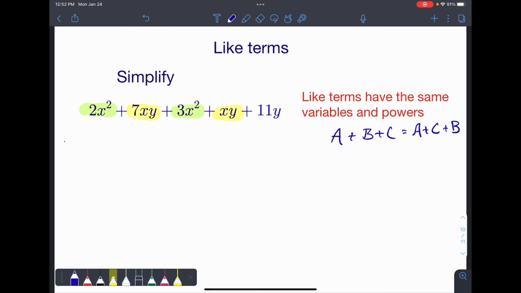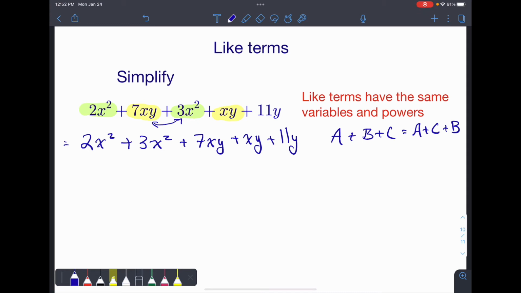So I'm just going to rewrite this expression as 2x squared plus 3x squared. So all I'm doing is rearranging the order of the terms. Now I still have the 7xy and the xy plus 11y. Okay, so let's keep the highlighted terms together. Let's highlight them. So remember, the yellow is the xy terms, and the green is the x squared terms.